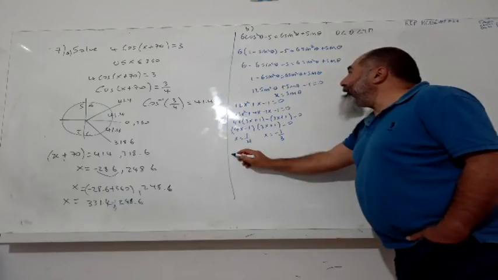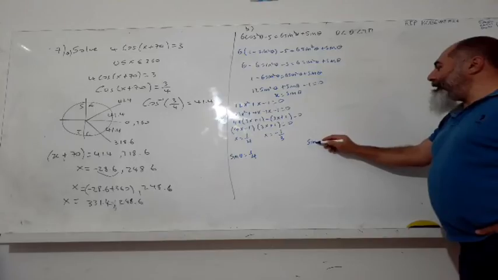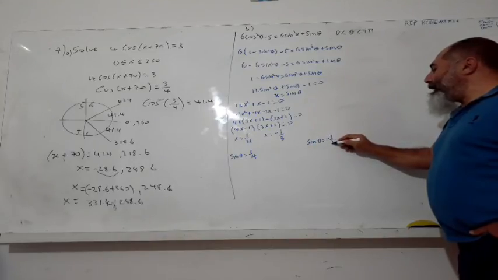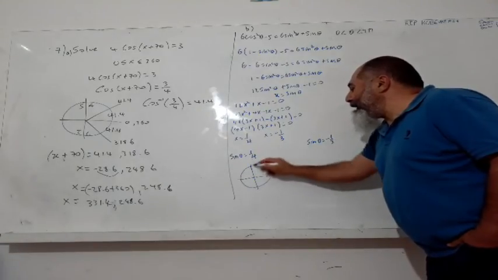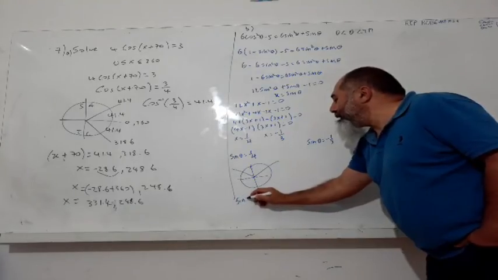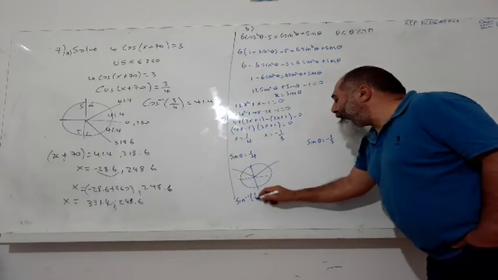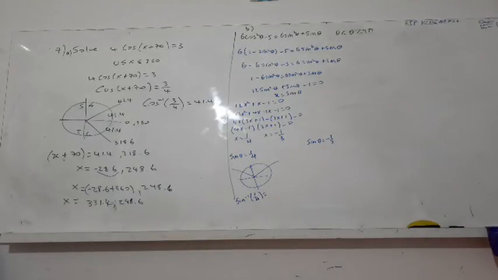Sine is positive in the first and in the second quadrants, and sine inverse 1 over 4, with the help of the calculator, is 14.5.